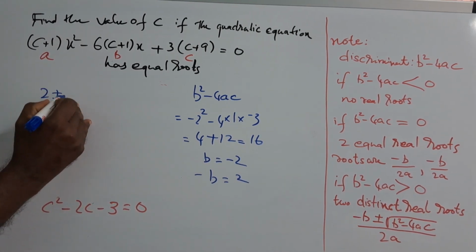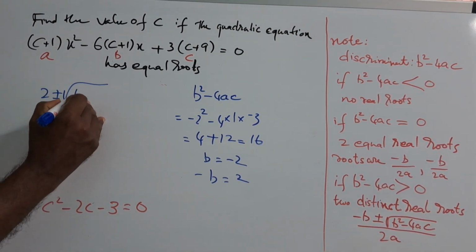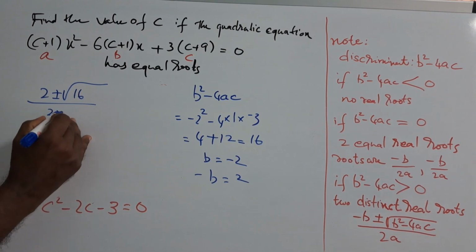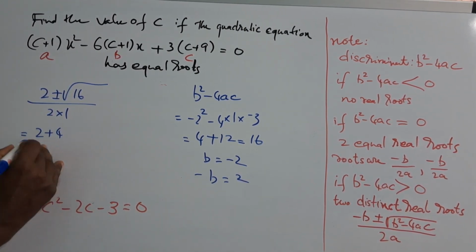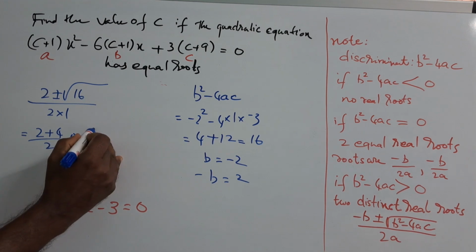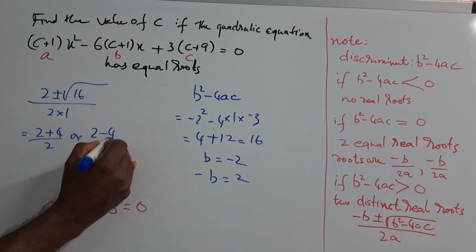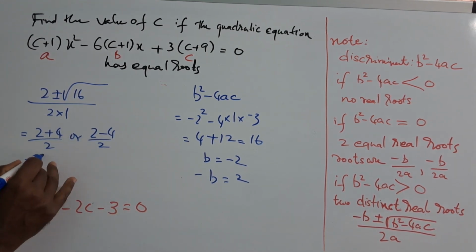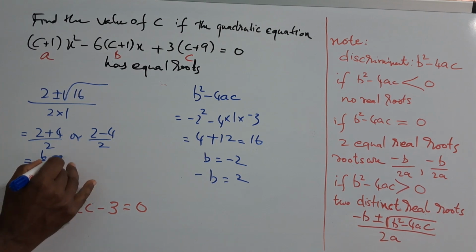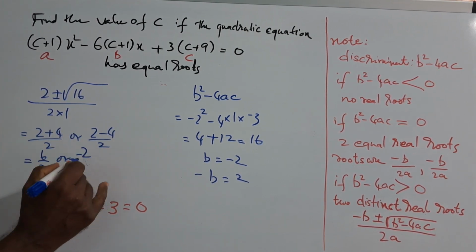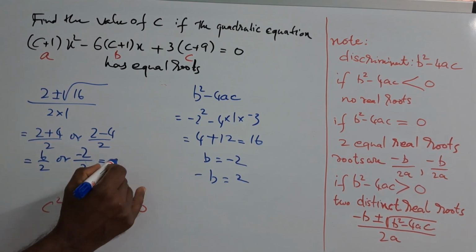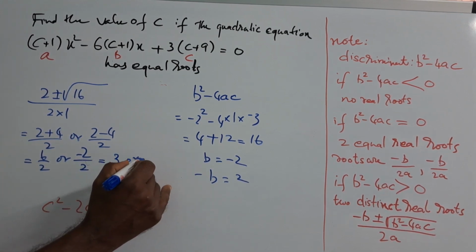2 plus or minus root of 16 by 2 into 1 is equal to 2 plus 4 by 2 or 2 minus 4 by 2, which is equal to 6 by 2 or minus 2 by 2, which is equal to 3 or minus 1.